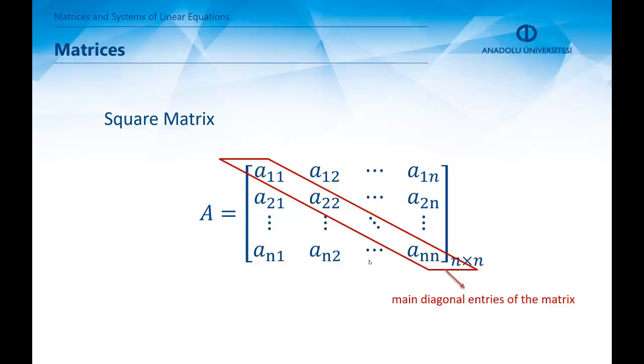So they are the elements Aii, where the index of A is the same i for the row and the column number. So A11, A22, A33, and so on up to Ann will denote the main diagonal entries of a matrix A, where A is a square matrix.